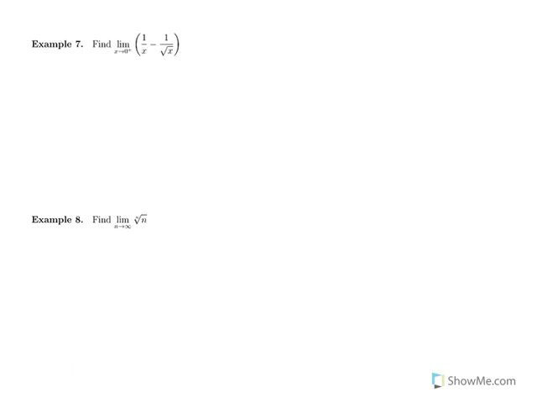All right, let's do some more algebraic manipulation. Here we have the limit as x approaches 0 from the positive direction. We need the positive direction because of the square root here. So let's plug in 0 for x, and we get 1 over 0 minus 1 over square root of 0.